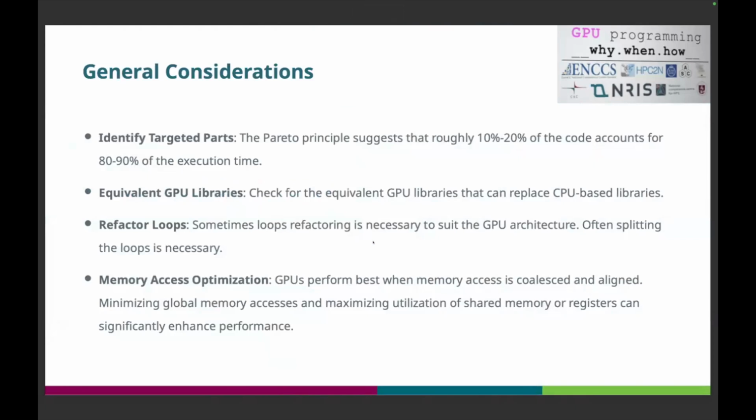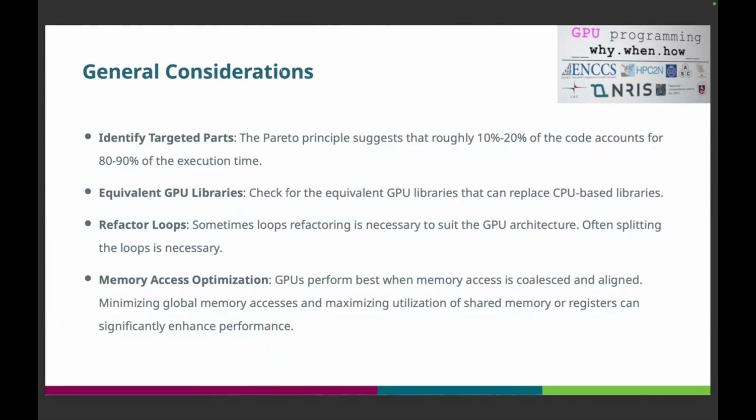We saw that the execution model of the GPUs is different from the CPUs, and we have to think in different ways. So here are a few steps that need to be followed to actually get the code working on the GPU.